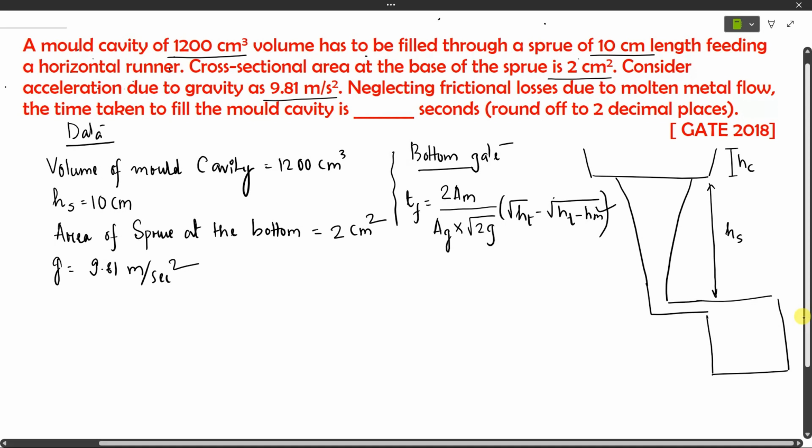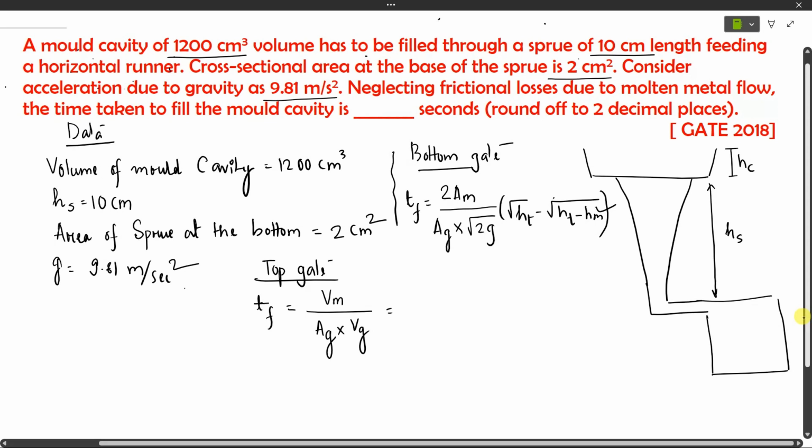So by assuming this to be a top gate, what is the formula for filling time? So TF is equal to volume of the mold by area at the gate into velocity at the gate.